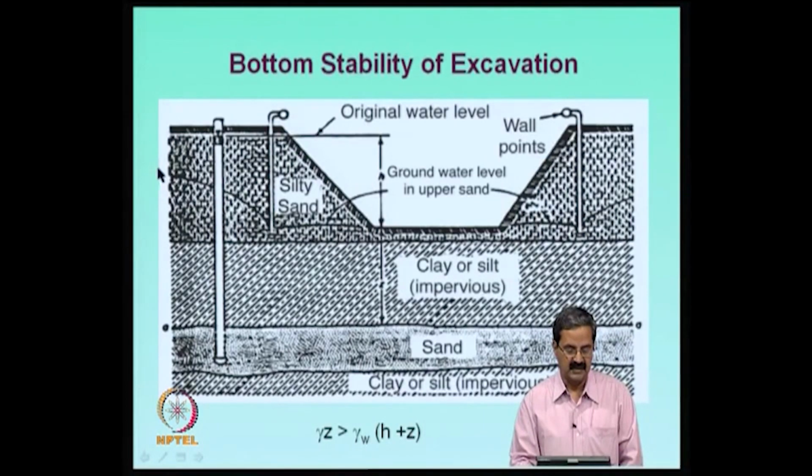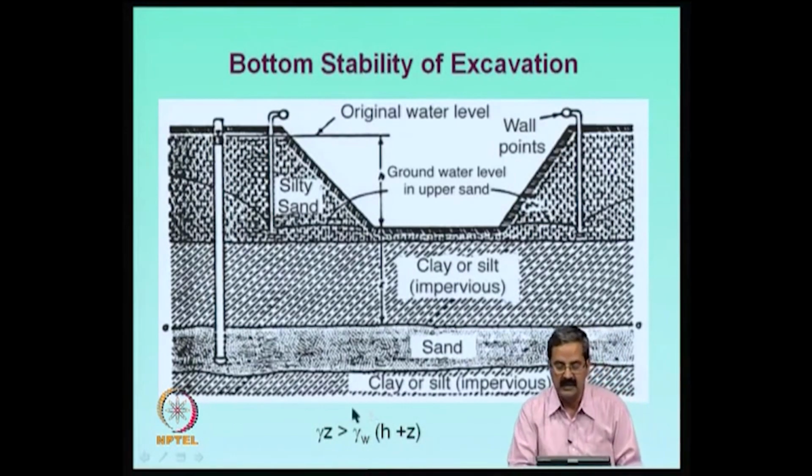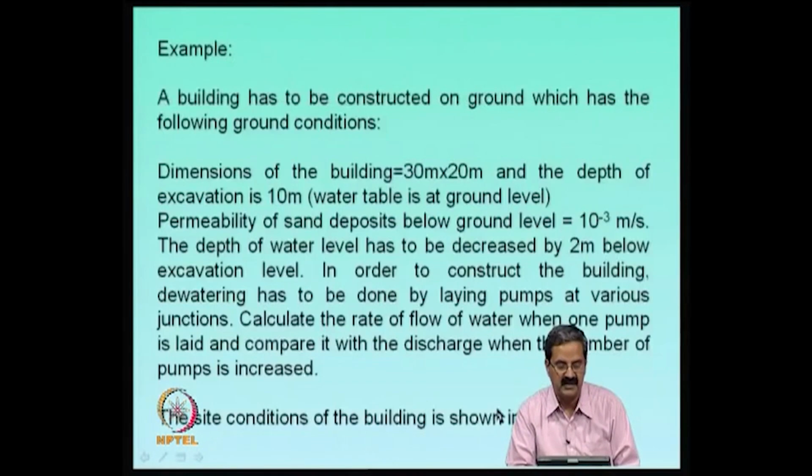So, you need to see that the total stress at a particular point is more than the water pressure, which is the unit weight of water into the height plus z, the depth of this point. So, one should take care of these conditions.